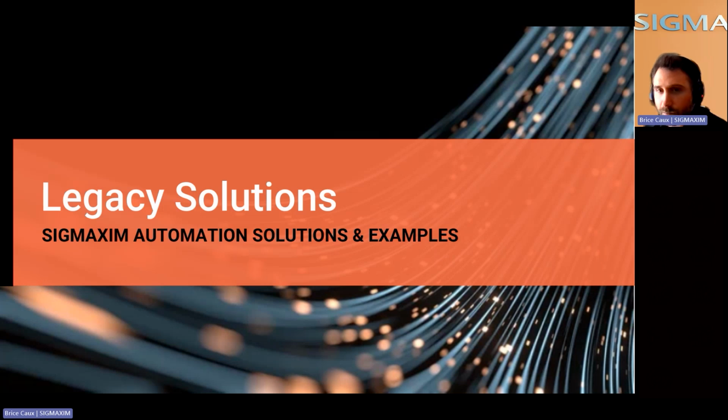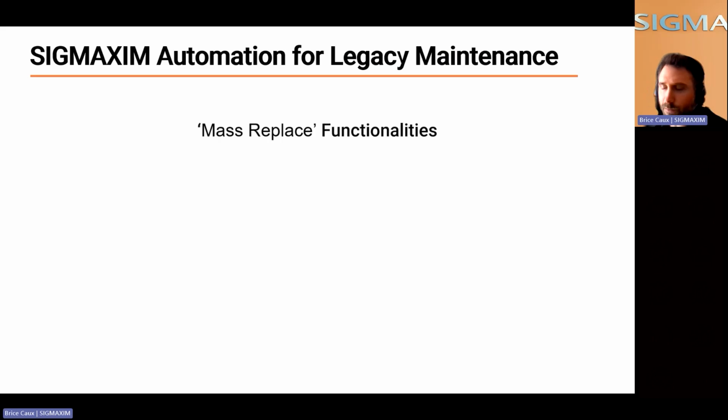Maybe you understand that means we want to do mass action, because when you need to maintain a database like your legacy, it's not only for one component or two components, you may need to maintain or modify 1,000 components, 1,000 documents, 1,000 objects.